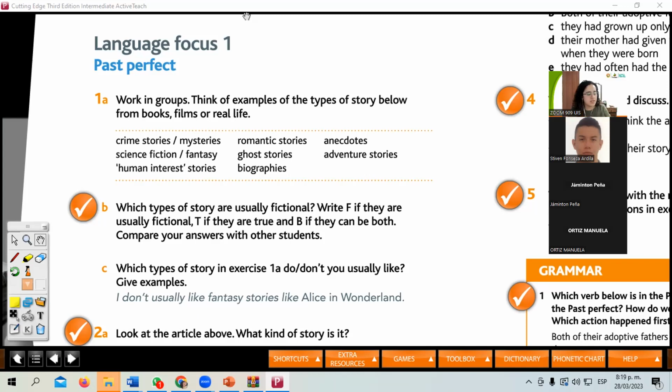Okay, so I'm going to give you a couple of minutes to think, and then we will check as a group. Okay, human interest is like crónicas, right? Es un género periodístico. So human interest, in Spanish we say crónica.